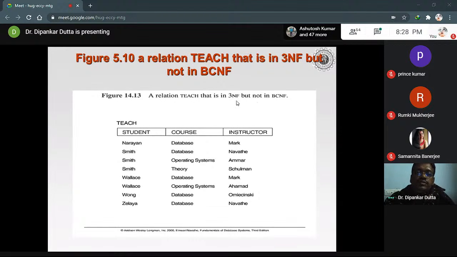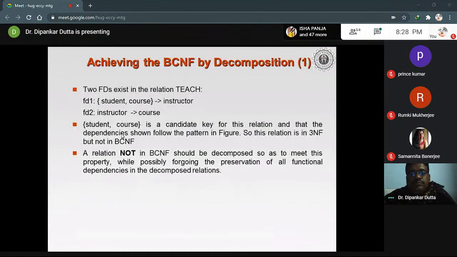Teach is in 3NF but not in BCNF. Can you explain why? From this, can you tell that?